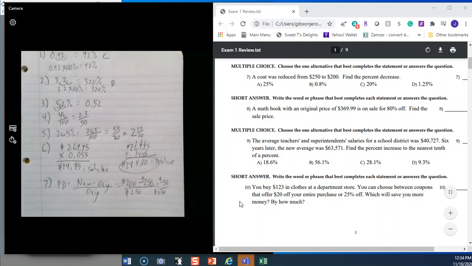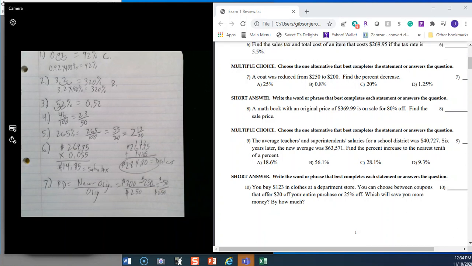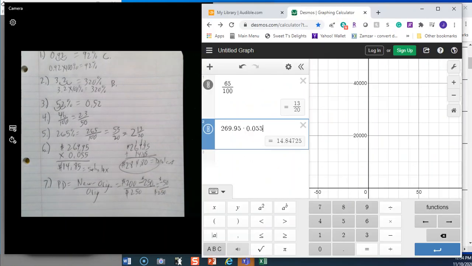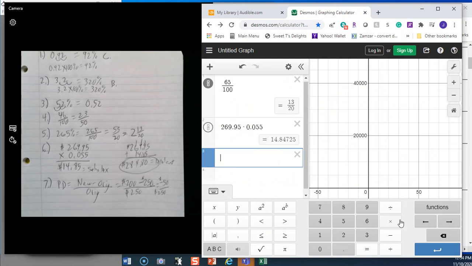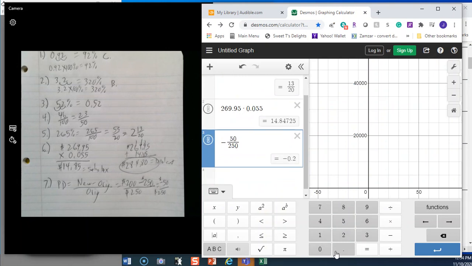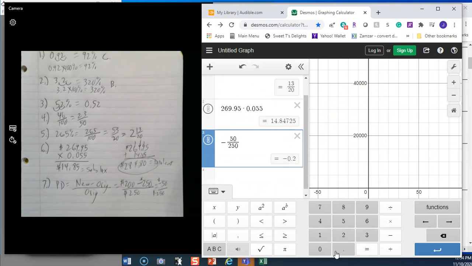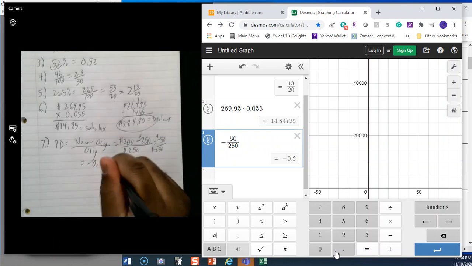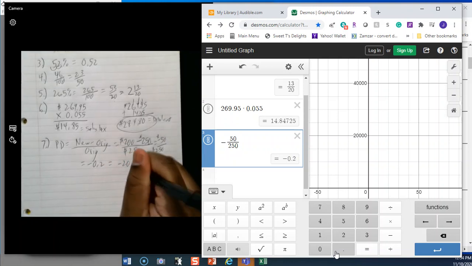So we could put that in our calculator. So we'll take negative 50 divided by 250, and that gives us a negative 0.2.